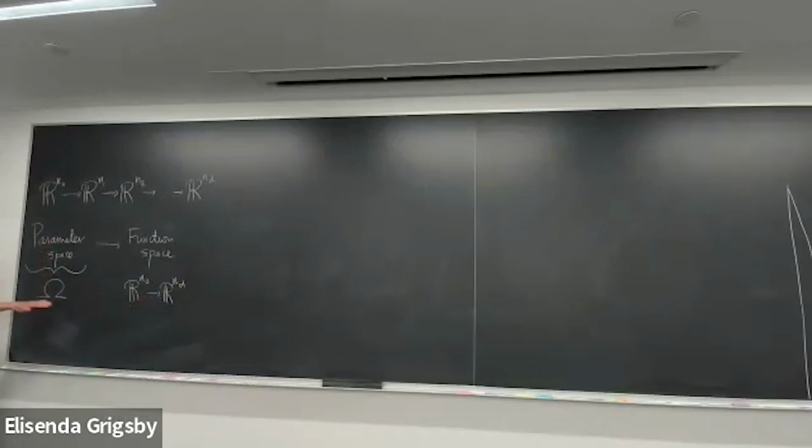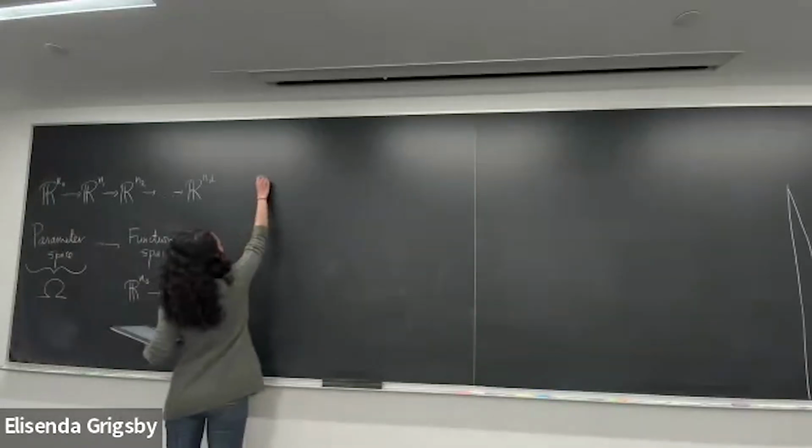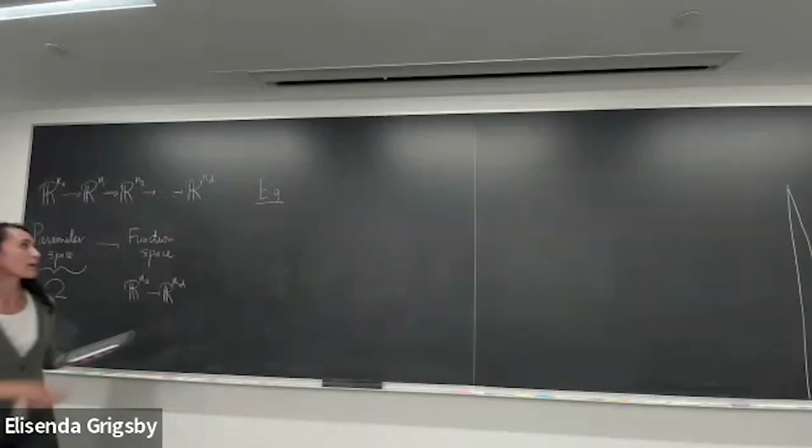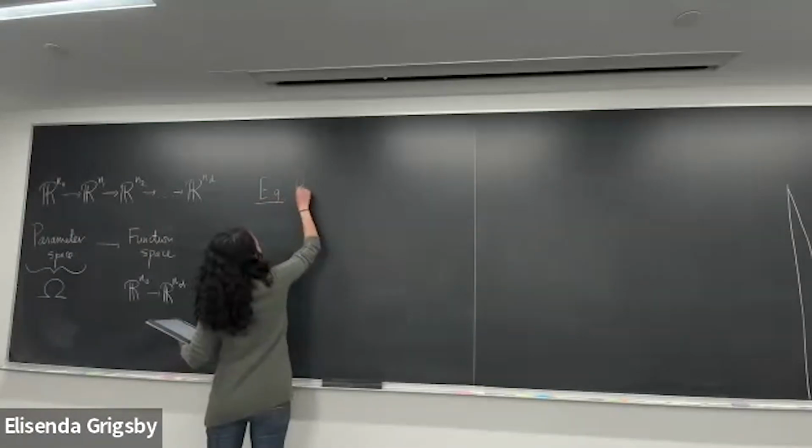But right, you have parameter space and function space, and you might ask, to every parameter, is there exactly one function? Just as a first cartoon example, think about polynomials.